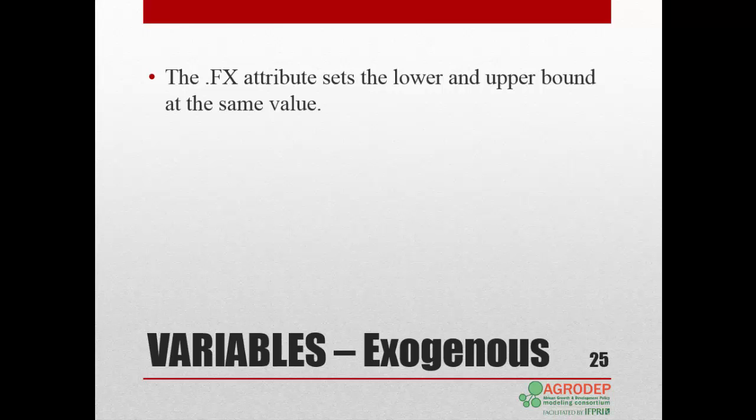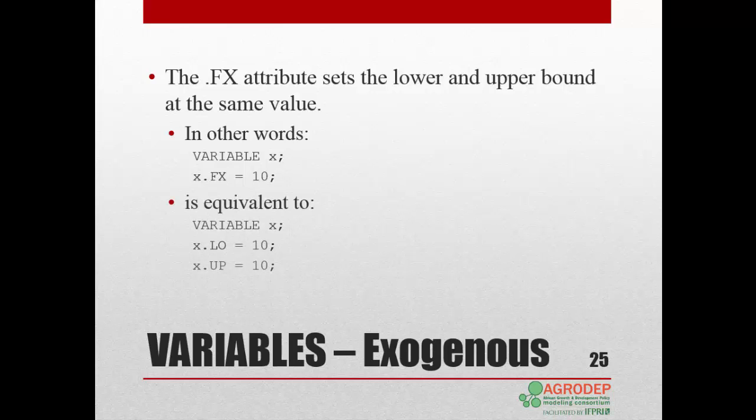The fx attribute sets the lower and upper bound at the same value. So the variable x can be assigned a fixed value by a single statement using the suffix .fx, or by two statements using the lower and upper bound attributes.